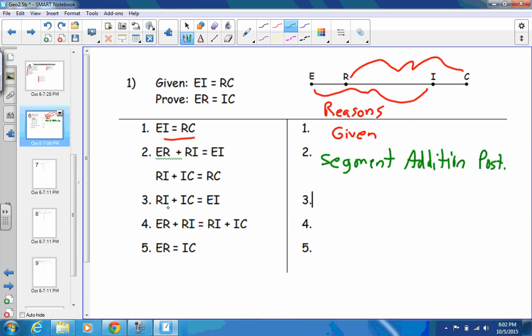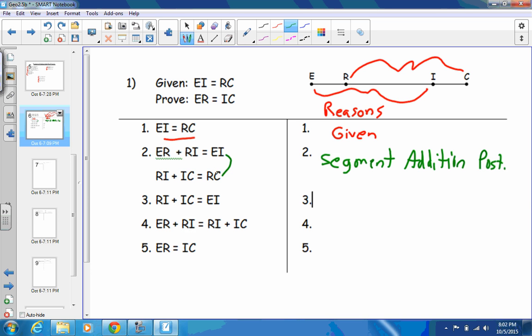All right, then we're going to say that RI plus IC is equal to EI. How can we say that? RI plus IC is equal to EI. Well, it's because up here we already said that EI is congruent to RC.